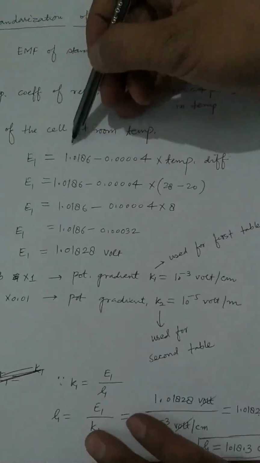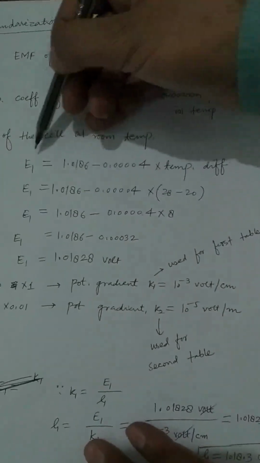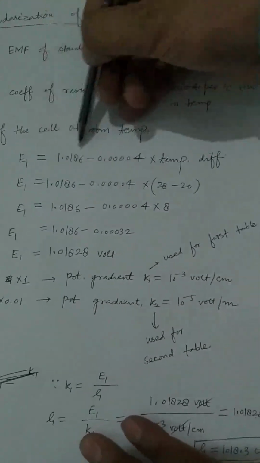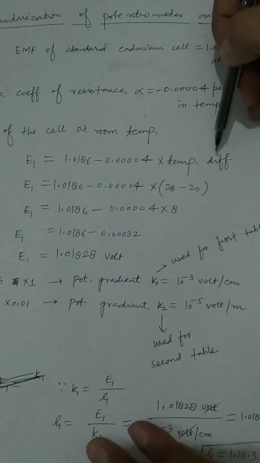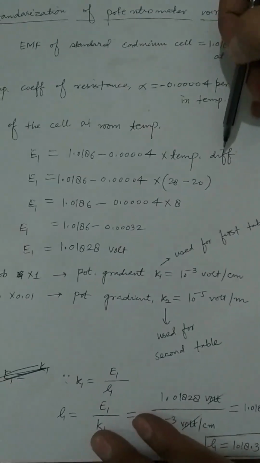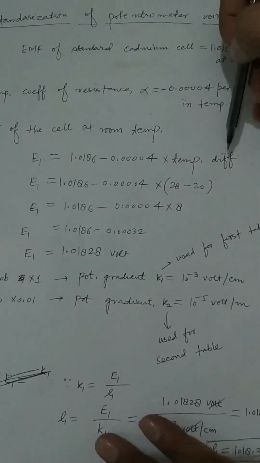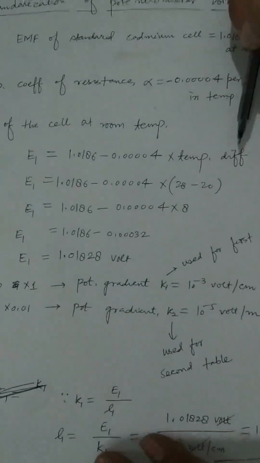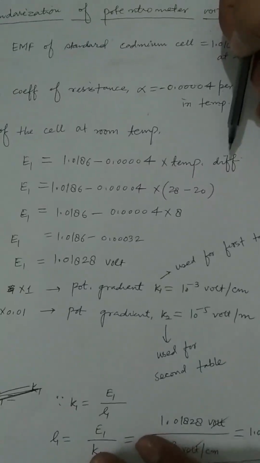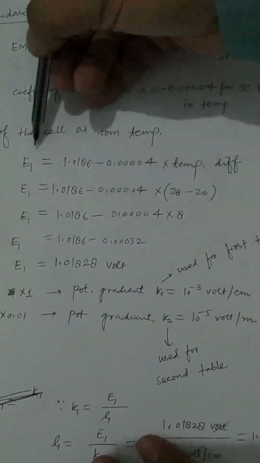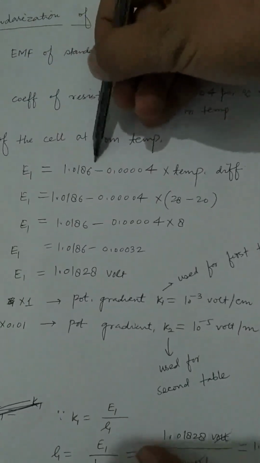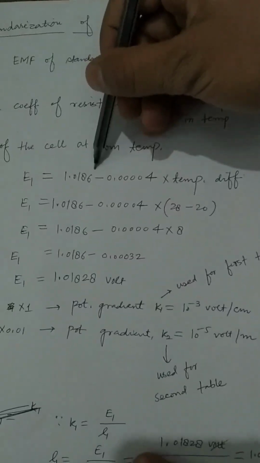Then E1 equals 1.0186. With this, according to this formula, we can calculate the value of E1 at room temperature, and by using that value, we can calculate the length of the potentiometer wire at which you can see the zero deflection in the super sensitive galvanometer. Then E1 equals 1.0186, this is the EMF at 20 degrees Celsius.